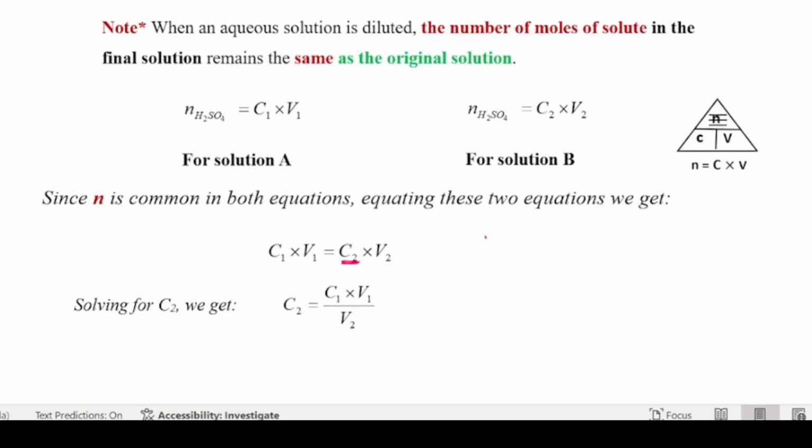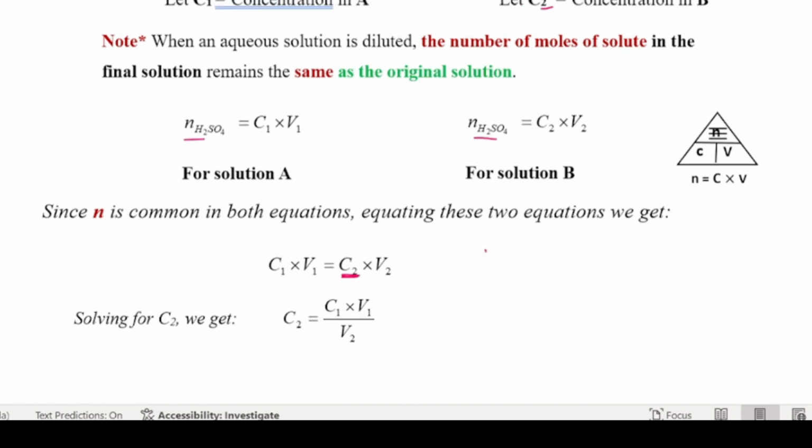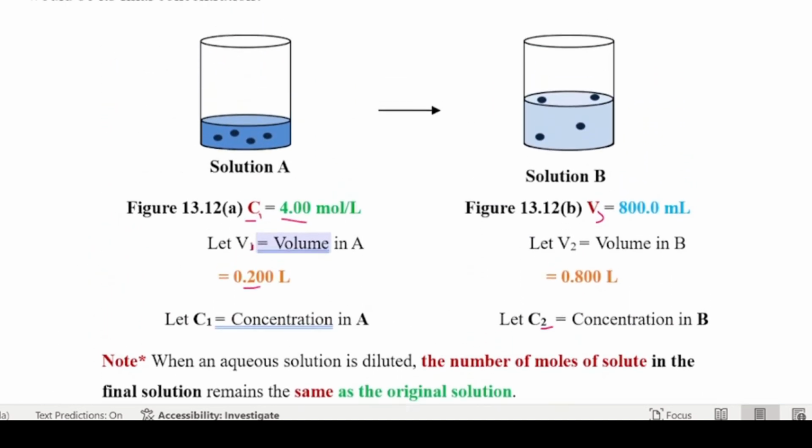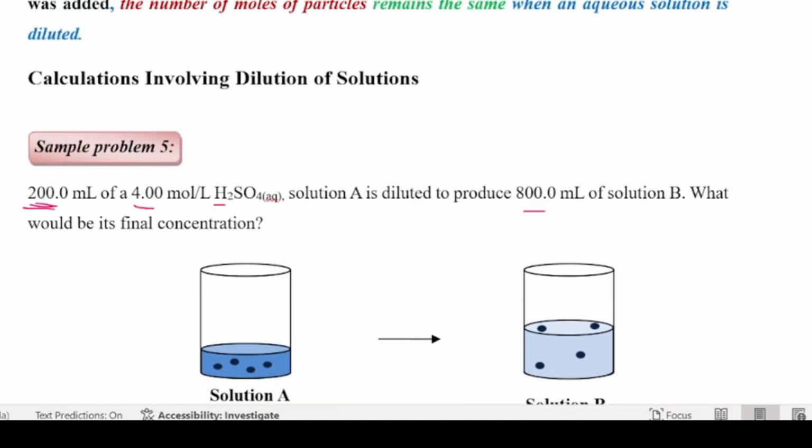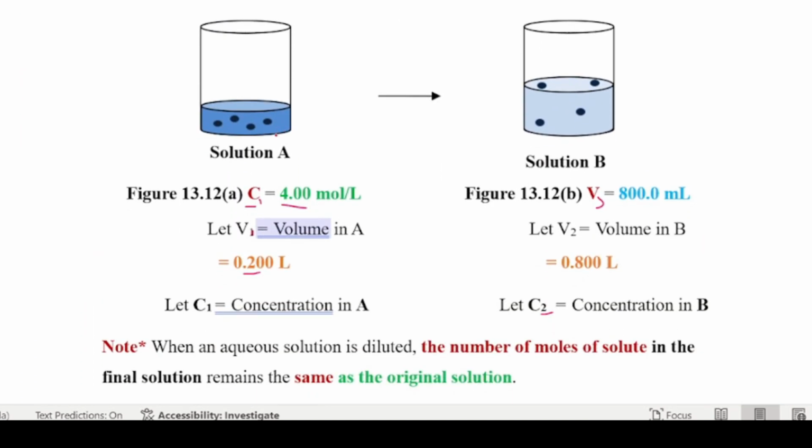Remember, I established the point that the number of moles before, N, must be equal to the number of moles afterwards. So what we are saying, the number of moles in any situation is given by C times V. If you have a certain number of moles here, it will be found by multiplying the initial concentration by the initial volume.